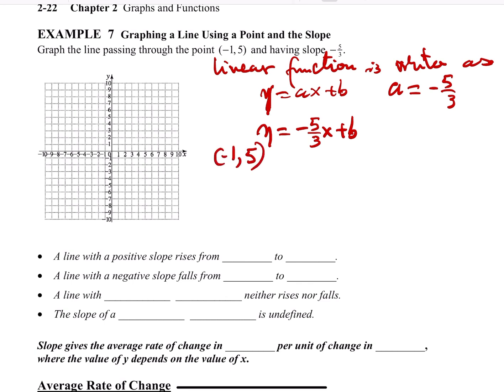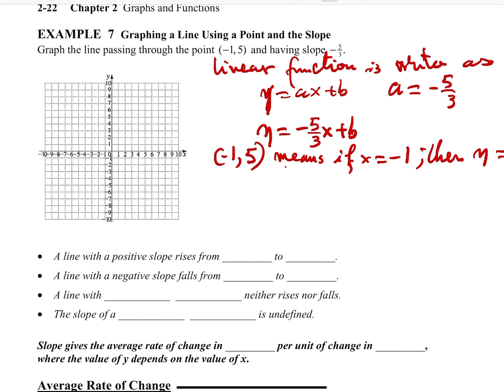What does the given point mean? It means if x is equal to negative 1, then y is equal to 5. That's the meaning of that point, okay?